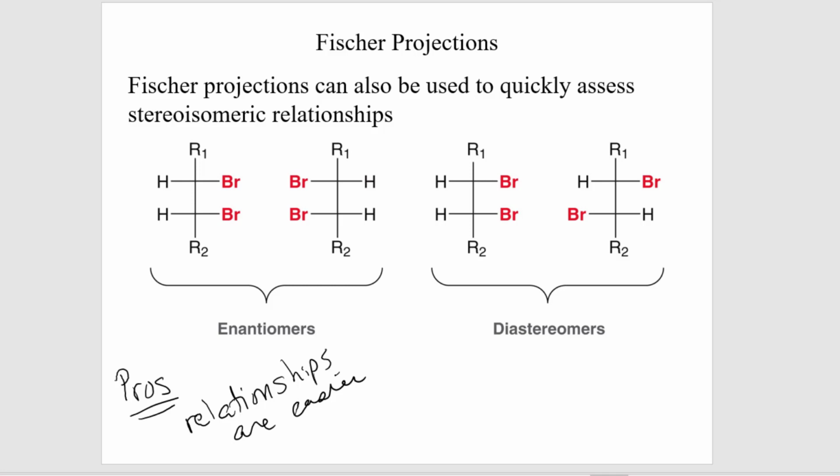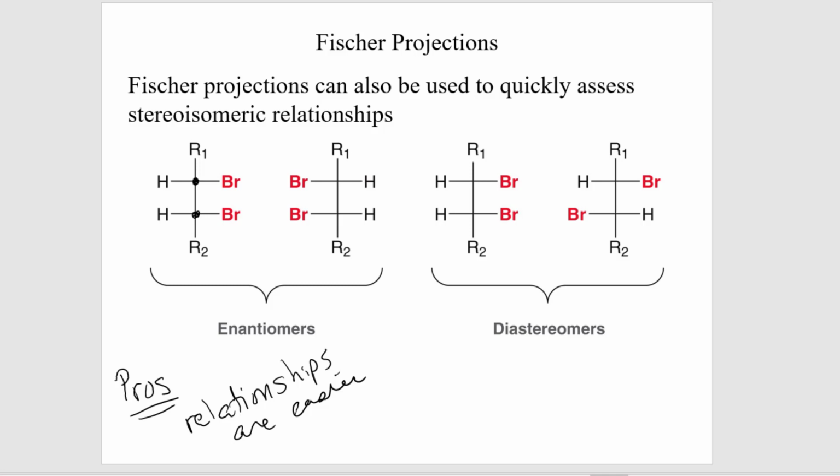Because of the way that things are oriented, you'll notice that if R1 and R2 are not the same, you can see that you've got two carbons with four distinctly different groups off of them. So you can see that it's working towards chirality.